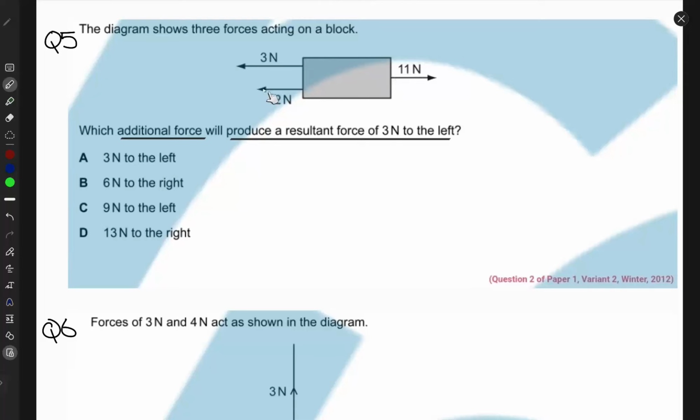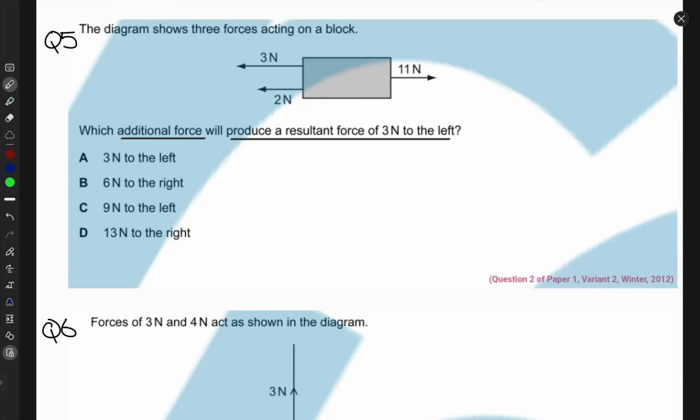They're asking you, if I add another force on this block, in which direction and of what magnitude should that force be, so that when I draw that force on this diagram and then I add all those forces, I get a net result of 3 newtons in this direction. So is the question clear? If it's not clear, you can always let me know. I'll explain again.